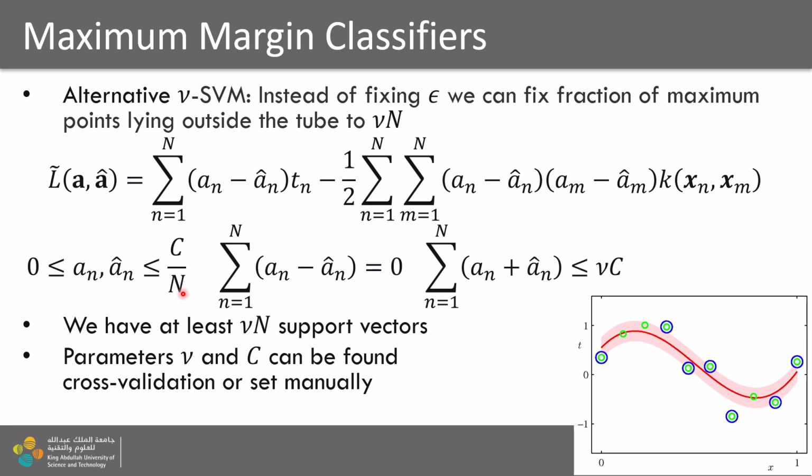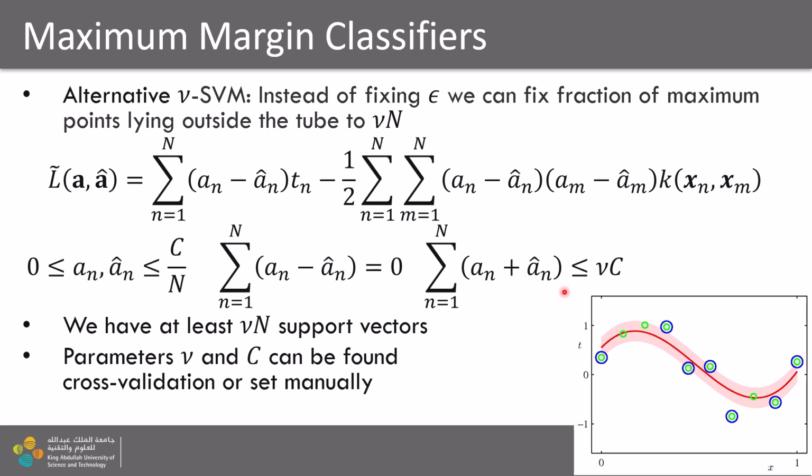And we have a constraint that the sum of a_n minus a hat n is equal to 0 as before, and that has actually removed the constraint associated with epsilon from the formula. Then we also have this term here, which is limiting the amount of points which can actually be considered as support vectors.